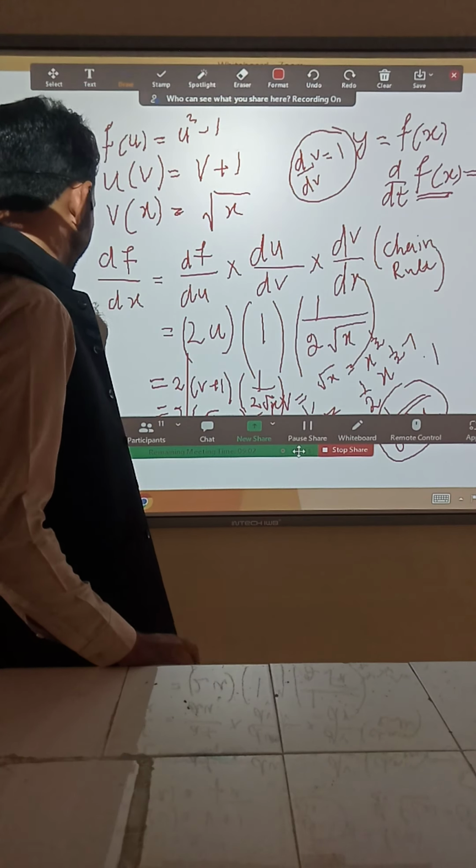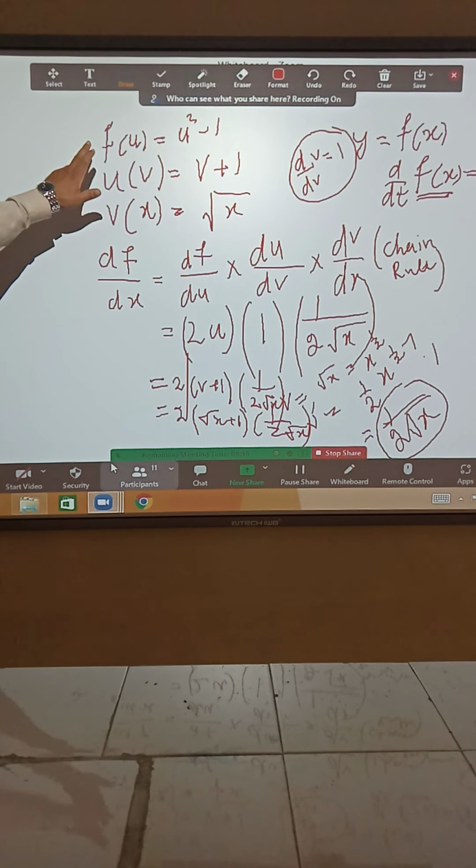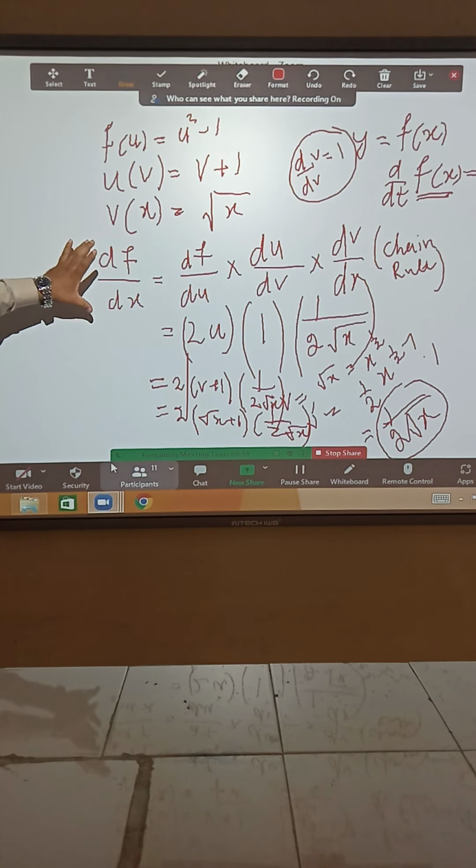So that is the required derivative of this composite function. So this is called chain rule.